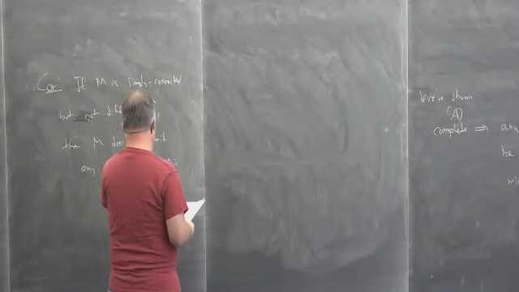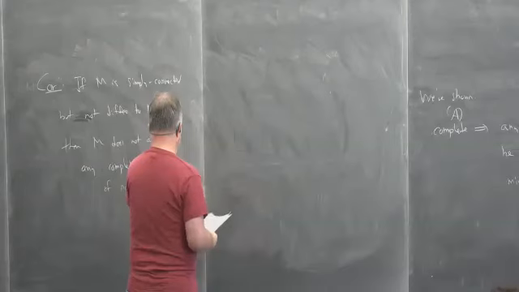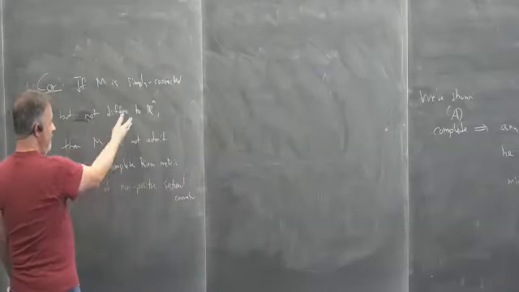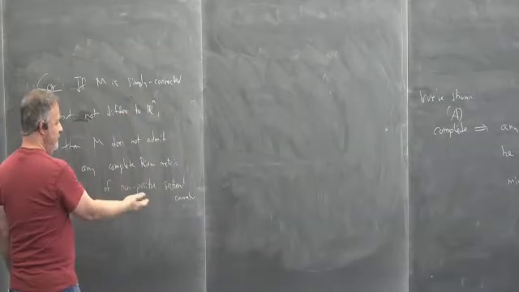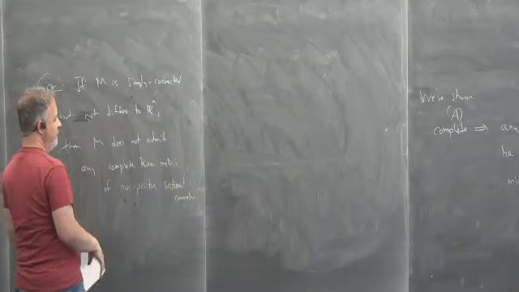Right? This is essentially the contrapositive of the theorem. If it's simply connected but is not diffeomorphic to R^n, it can't have a complete metric of non-positive sectional curvature, because if it did, it would be diffeomorphic to R^n.